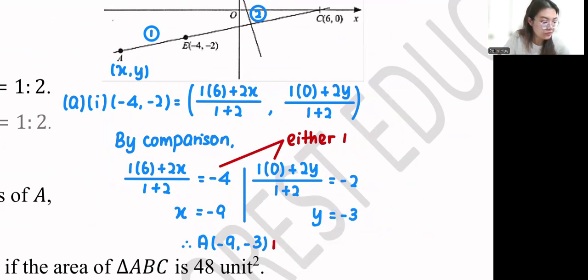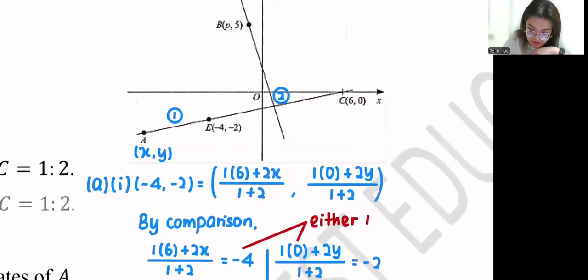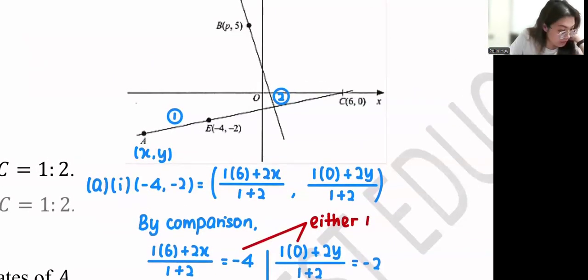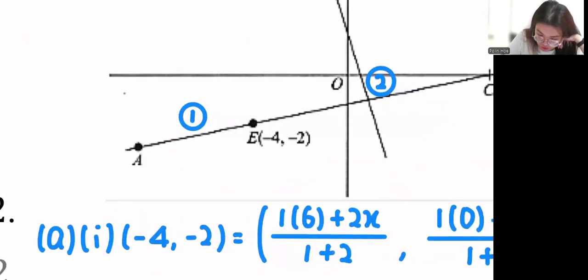Next, part 2. Find the value of p if the area of triangle ABC is 48. Let's find out where is triangle ABC. Oh yeah, I have to update my coordinate A. It is now -9 and -3.